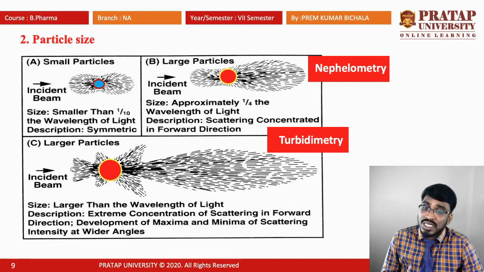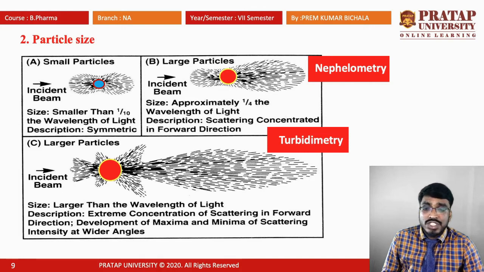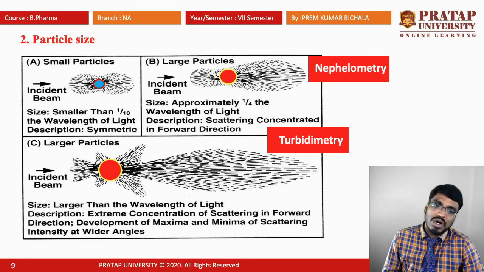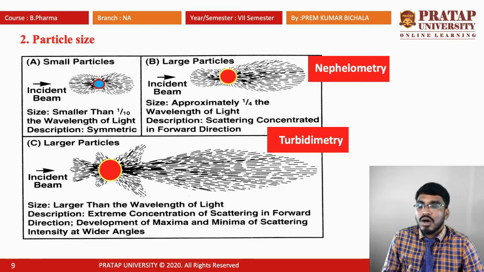In larger particle conditions, there is extreme concentration of scattering in the forward direction, along with development of maxima and minima of scattering intensity at wider angles. This is how particle size affects scattering, and it is considered for the determination of nephelometry and turbidimetry.